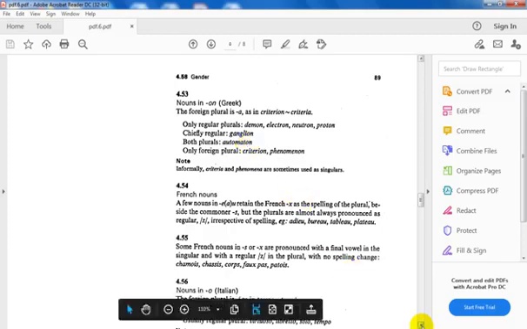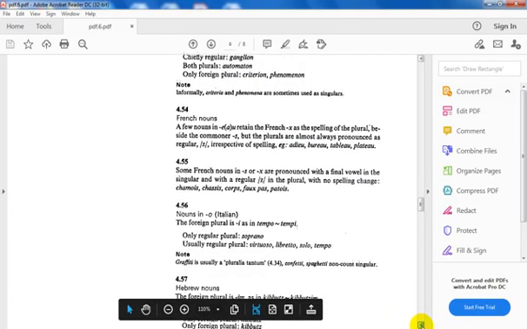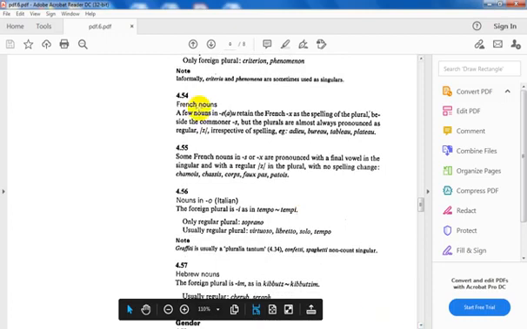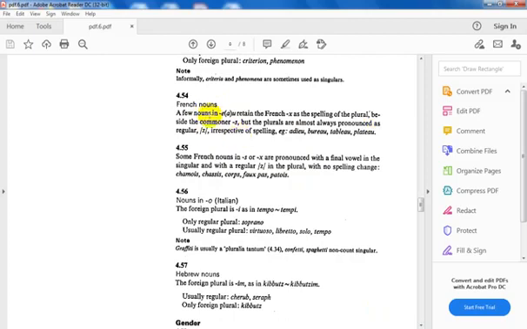French nouns. Here, of course, a few nouns in E, A, U retain the French X as the spelling of the plural beside the usual S, but the plural ending is always pronounced as regular Z, irrespective of spelling, as in plateau, bureau, tableau.